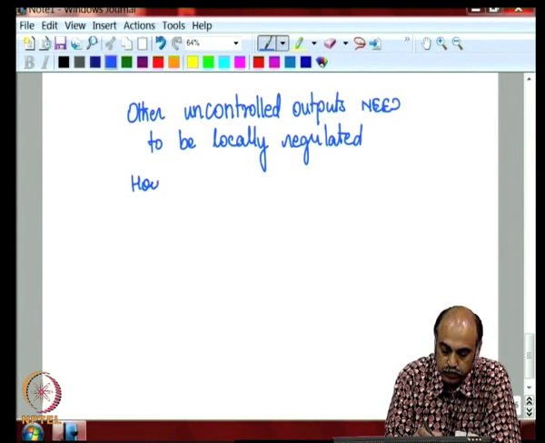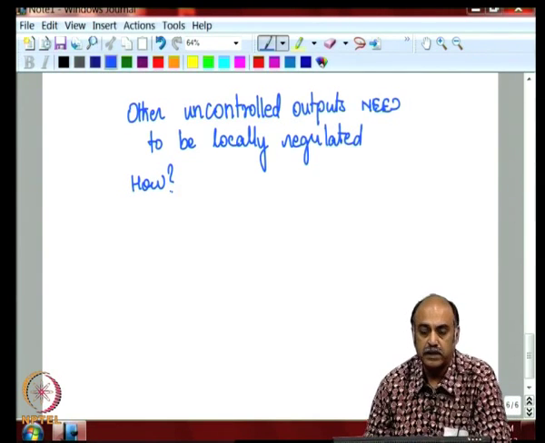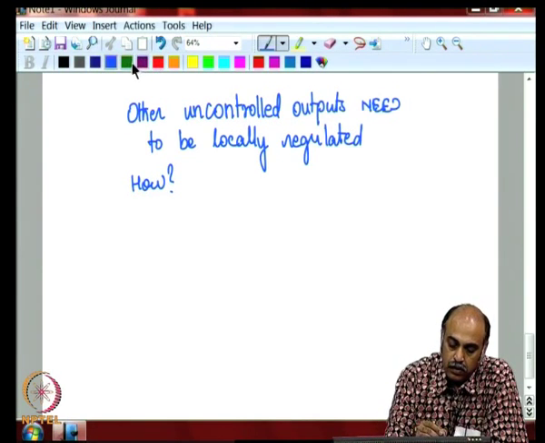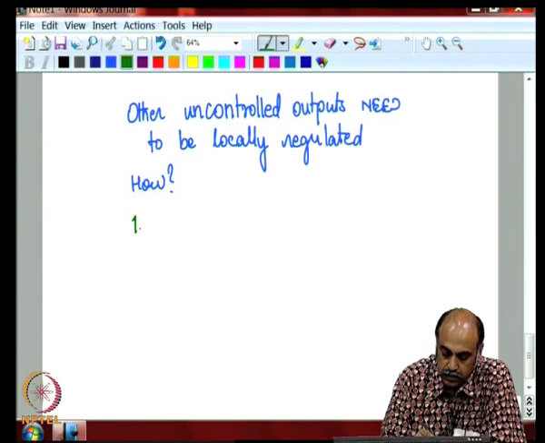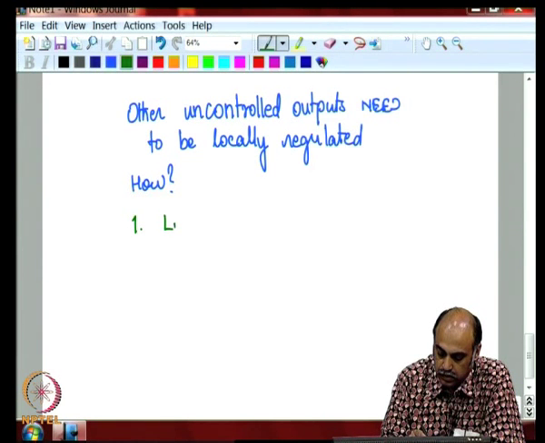How? There are a few methods, and one method is the linear regulator method.